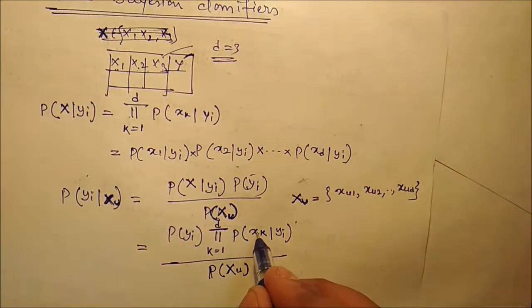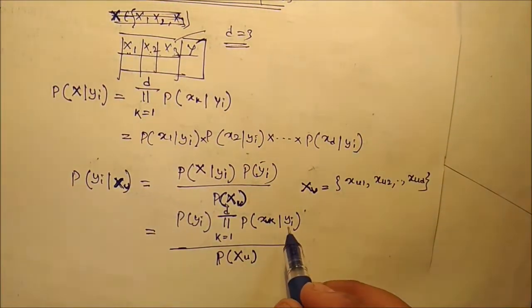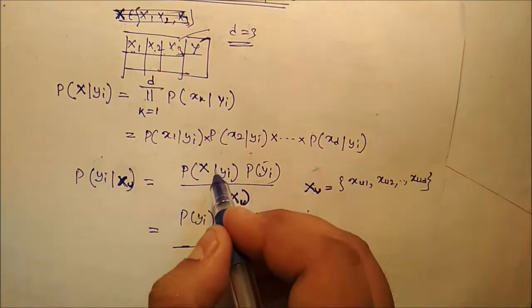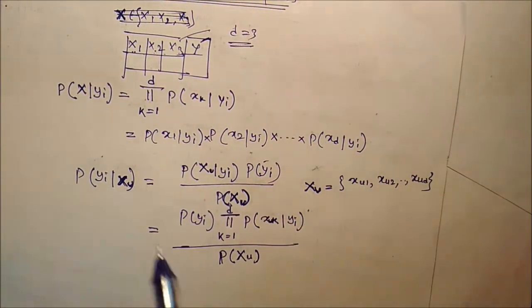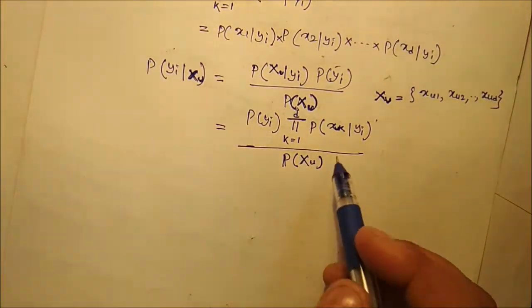You can substitute u also, so P(xuk given yi). But this part is constant for all.